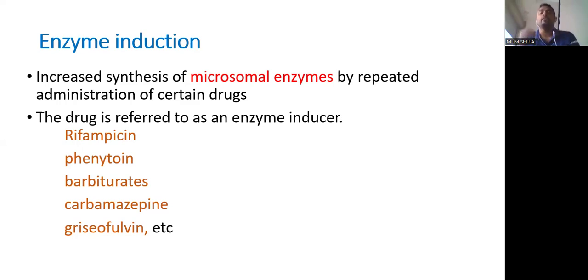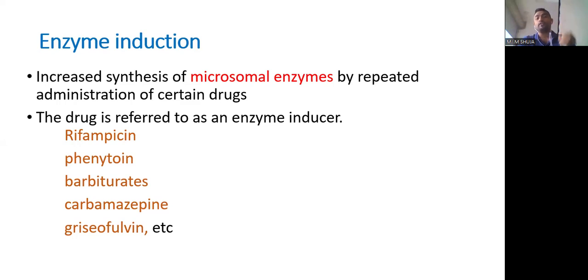So if you are already on a drug and you add an enzyme inducer, then the effect of the previous drug may be altered or reduced. You should be aware of that because you are prescribing multiple drugs for the patient. You should know what the enzyme inducers and enzyme inhibitors are.